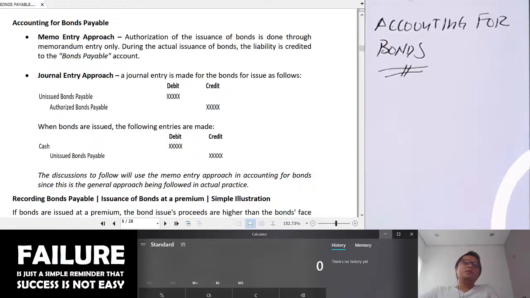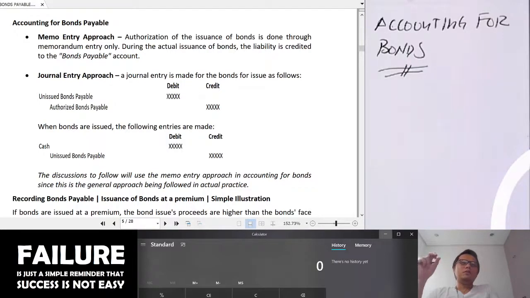The difference between the two is in the accounting treatment during the period of the bonds being authorized for issue.